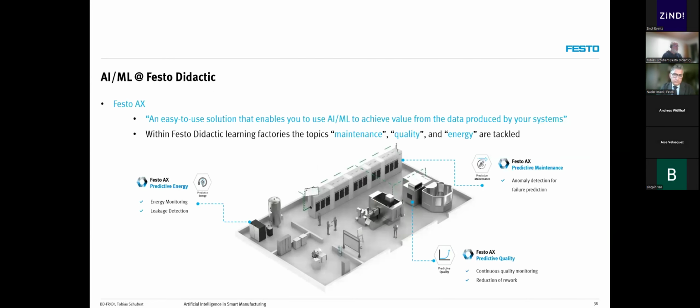The next topic that we tackle, and as I said before, it's smart maintenance stuff, which is called in our company Festo AX, for automation experience. And the idea is to have an easy-to-use solution that enables you to use machine learning, to get data and information about your systems in order, for example, to go for predictive maintenance. So the idea is detect anomalies before they really matter.